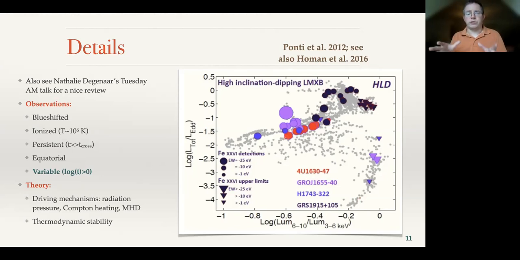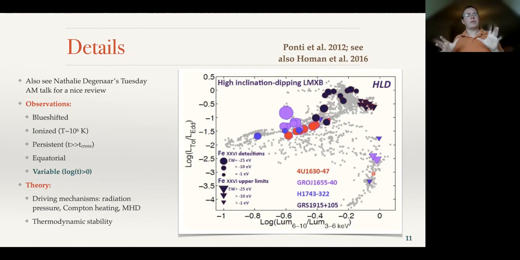Gabriele Ponti did the statistical study of detections of accretion disk winds, and those are shown by circles in this diagram. You can see that they pretty well cluster up along this top branch of the hardness intensity diagram. So you see a lot of detections up here in these softer and intermediate states, and not a lot of detections down here in harder states, where we tend to see jets.